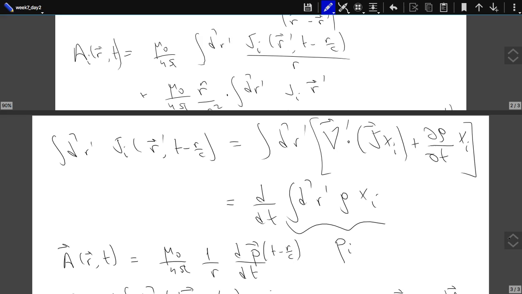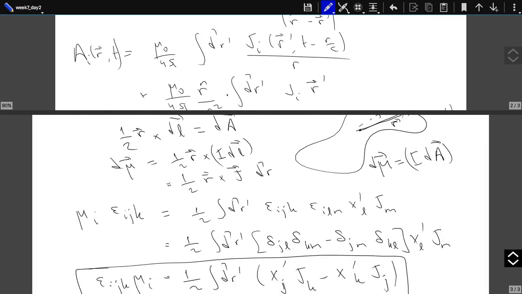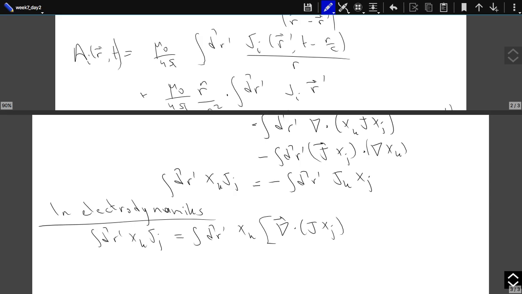You see, we have this additional term: derivative of rho by dt, plus del rho by del t x_j. Now with the first term, I can do just like I did before.